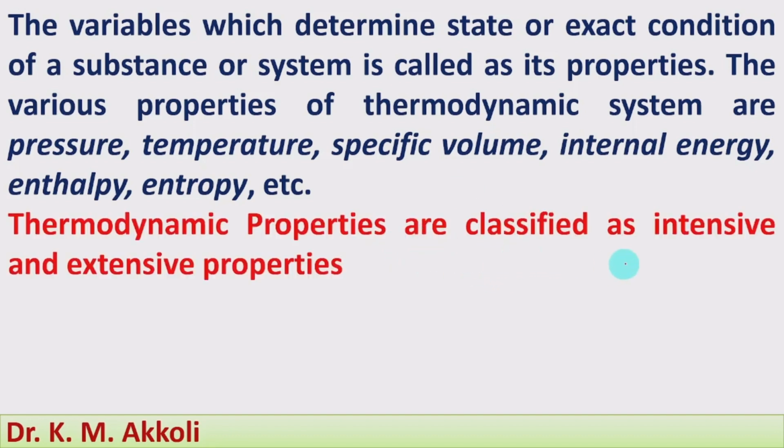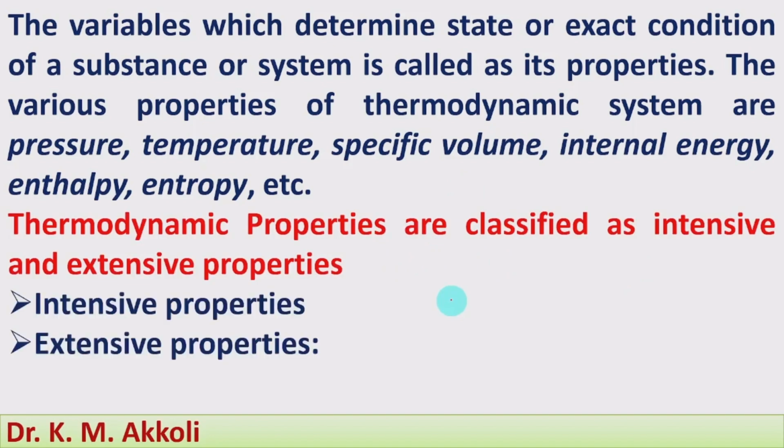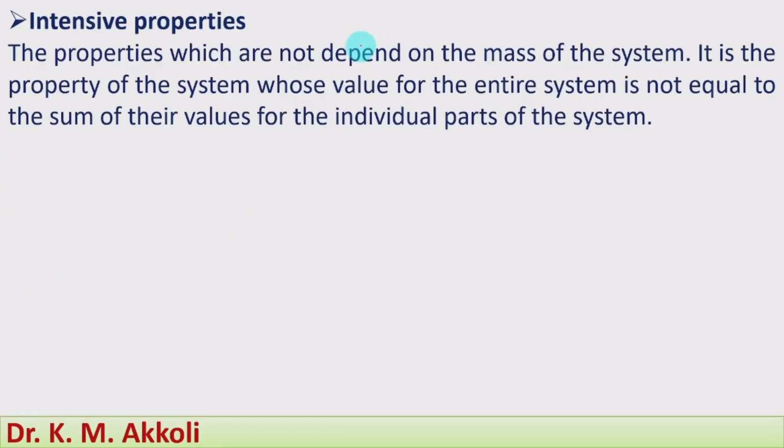Thermodynamic properties are classified as intensive and extensive properties. First, we will take the intensive properties. The intensive properties are those which do not depend on the mass of the system.